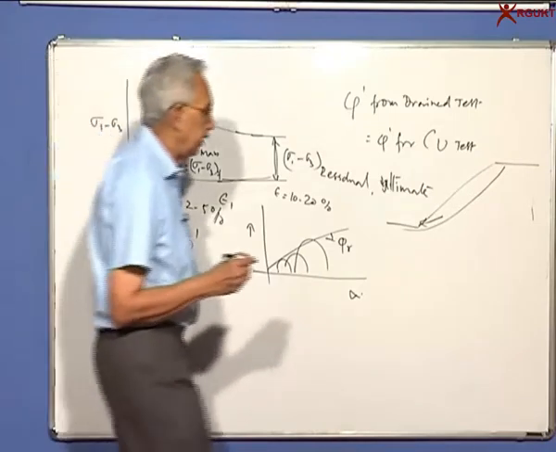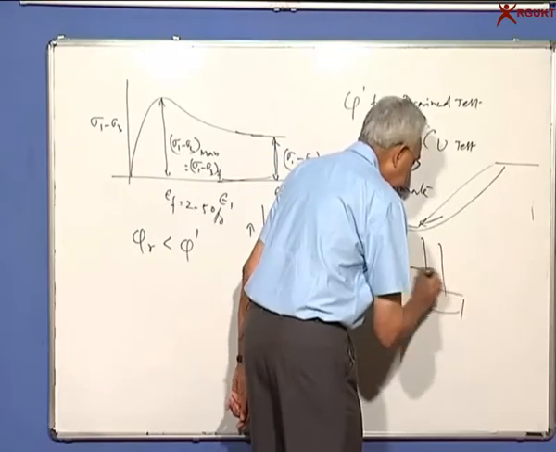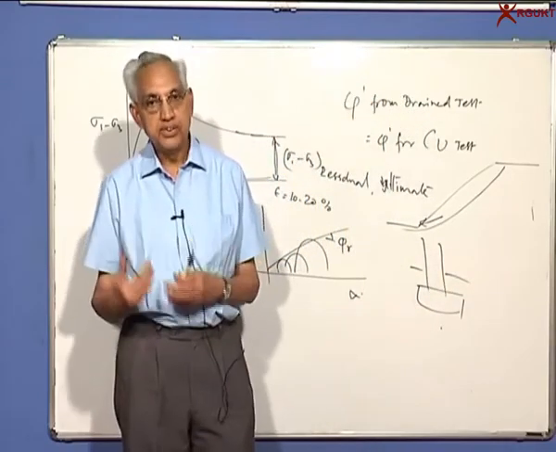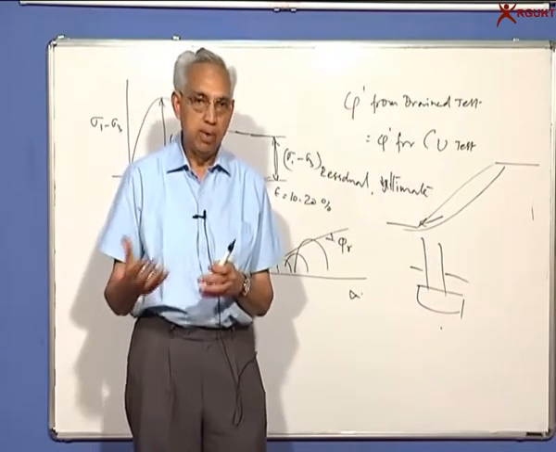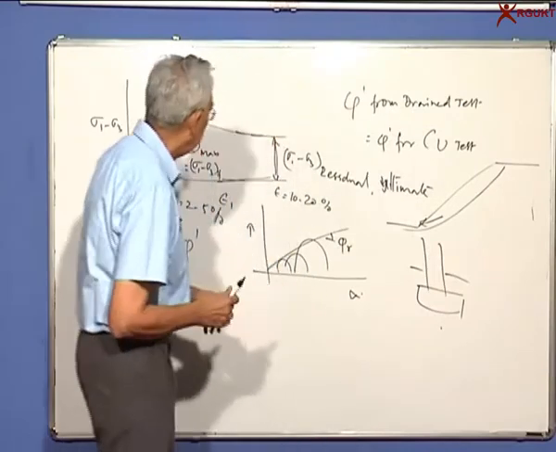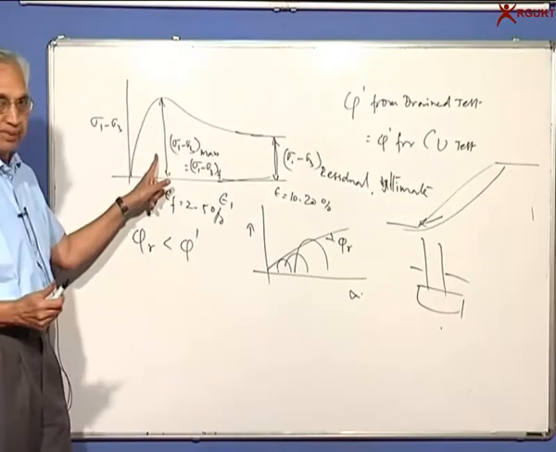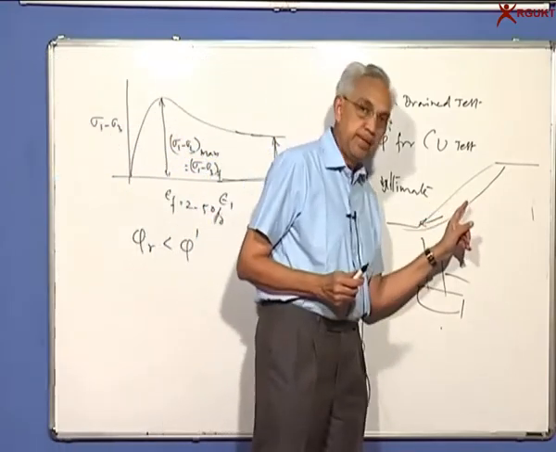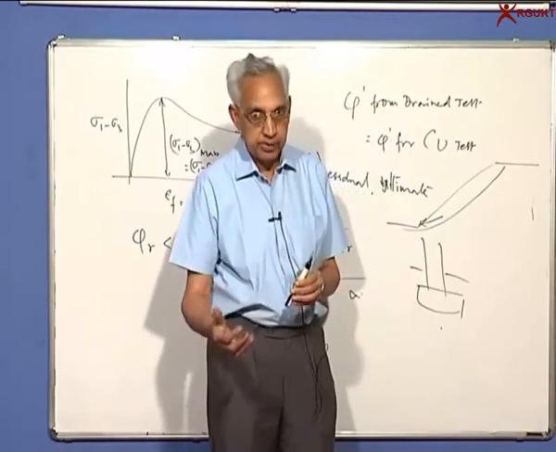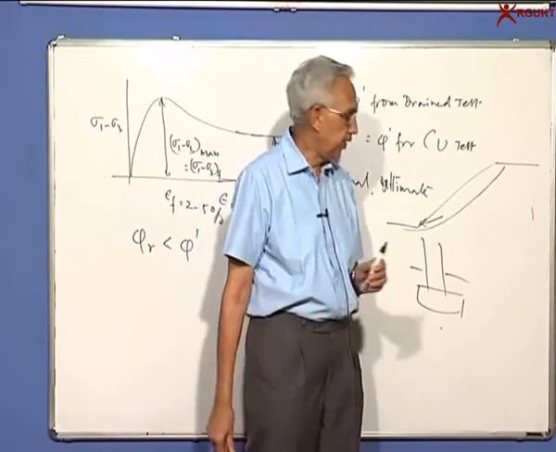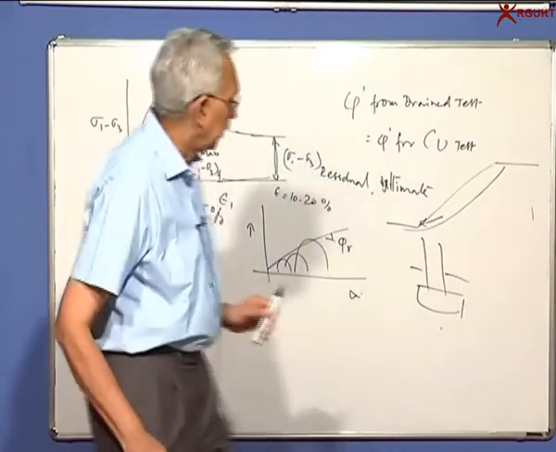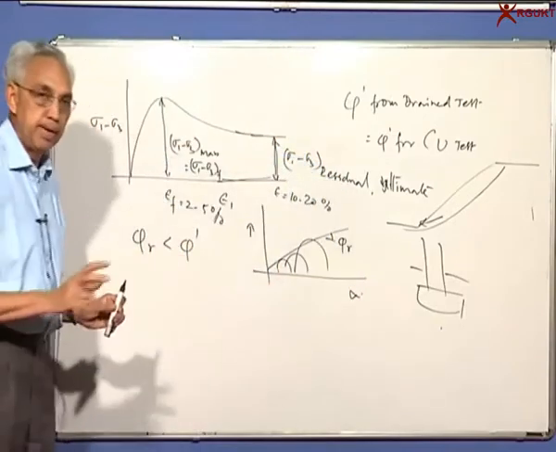If I have a building foundation and I do not want any failure here, it is under low strain, maybe of the order of 1% to 2%. Then I'll check with respect to the maximum strength available. Whereas if I'm studying a slope stability problem, a dock structure where you expect large strains, I go for the residual value.